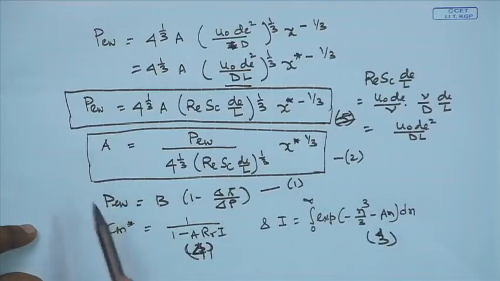Once we evaluate the value of A, we will be getting back to equation 3 and we will be evaluating the value of I, and this integration has to be evaluated numerically using a trapezoidal rule or a Simpson's rule. So, this infinity will be replaced by a higher value, let us say 5 or 10. Let us put a value of 10 and evaluate the value of the integral, then we will be putting another value of 15 or 20 and we will be evaluating the value of I numerically using trapezoidal or Simpson.